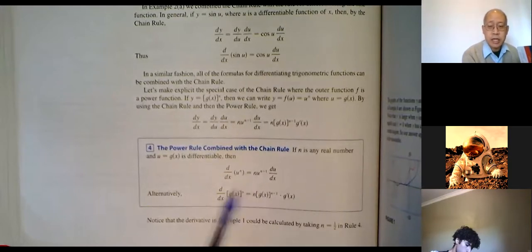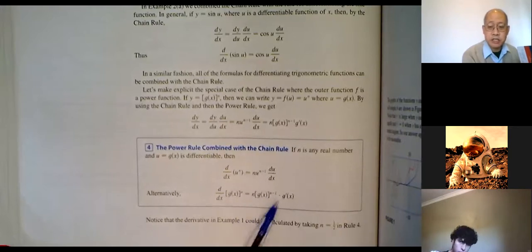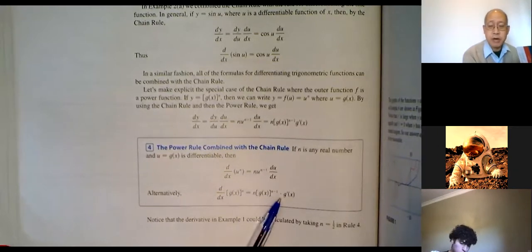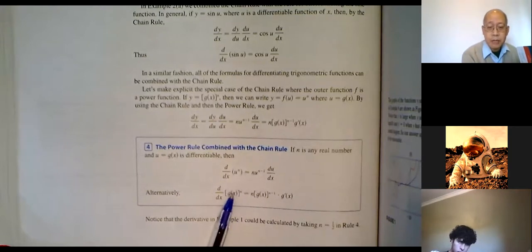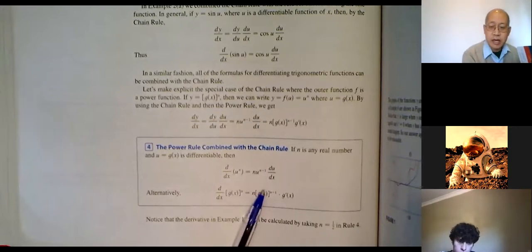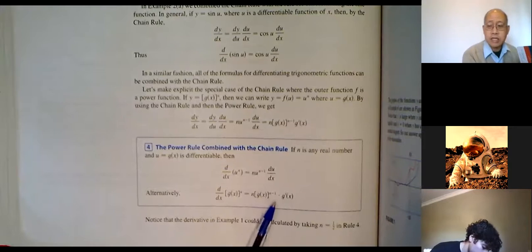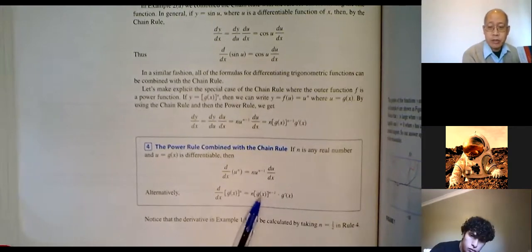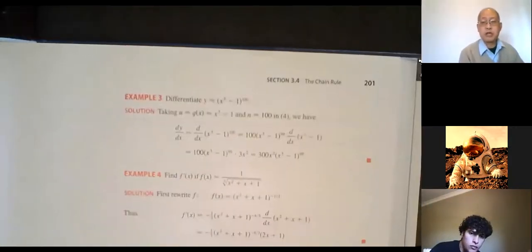But now the chain rule says it's times the derivative of the inside function, so it's times g prime of x. So one more time, n comes down in front, g of x to the n minus 1, that looks like the power rule as before. But now the chain rule says it's times the derivative of the inside. So you have to take g prime of x. And I'm going to show you this example on page 201.